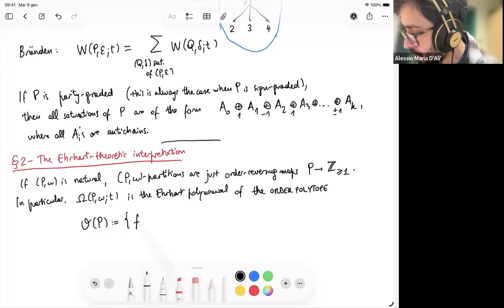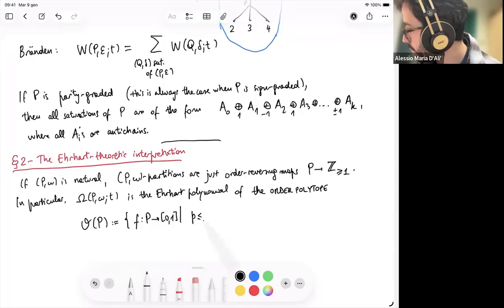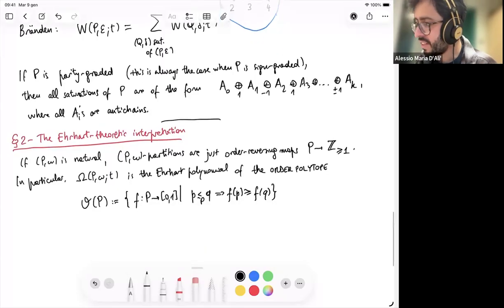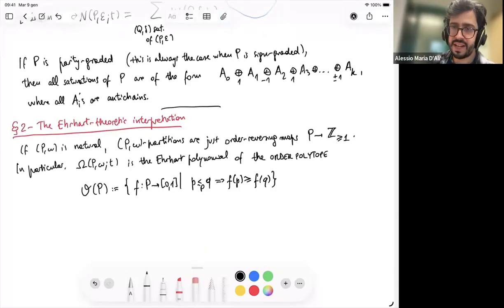It's just the collection of the maps from P to [0,1], such that the order is reversed. So this is a lattice polytope. It's very well studied, and its facets correspond to basically you can read a lot of information about the poset in the geometric structure of the polytope and vice versa. And this was introduced by Stanley in the 80s.